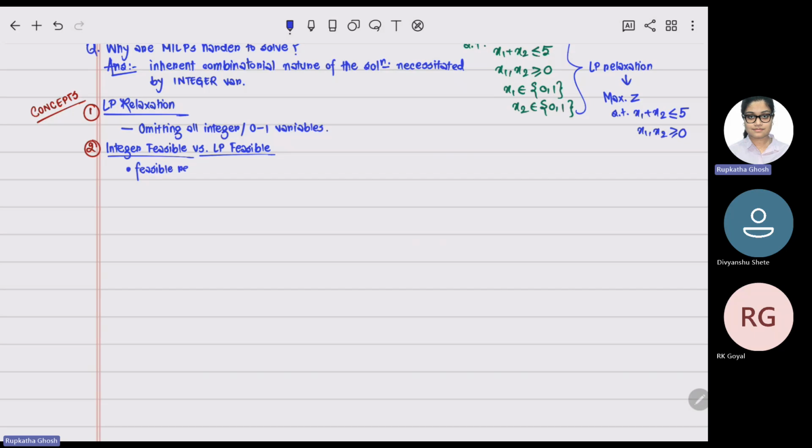The feasible region for any ILP must be contained in the feasible region for a corresponding LP relaxation.